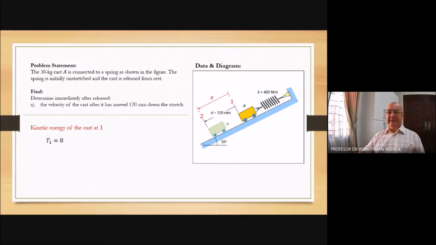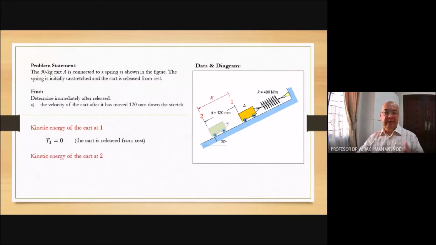Let's find T1. T1 is the kinetic energy of the cart at 1. You know that T1 is half m v squared. At position 1, it is 0 because the cart is released from rest. The velocity is 0, so the kinetic energy is 0 as well.